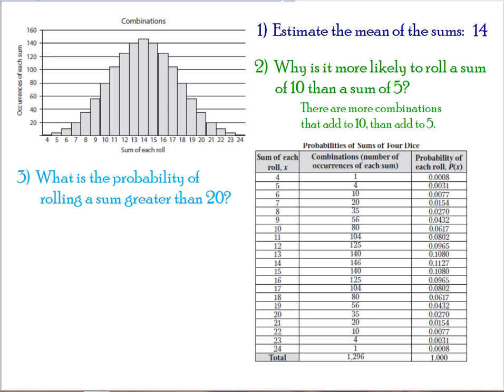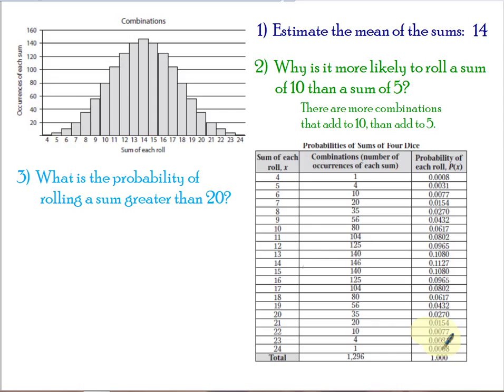The third question asks, what's the probability of rolling a sum greater than 20? Greater than 20 does not include 20, by the way. Keep that in mind. Remember that Richie's already calculated the probabilities of each sum for us. So if I want to find the probability of getting a sum greater than 20, I would take all of the probabilities for sums greater than 20 and simply add them together.